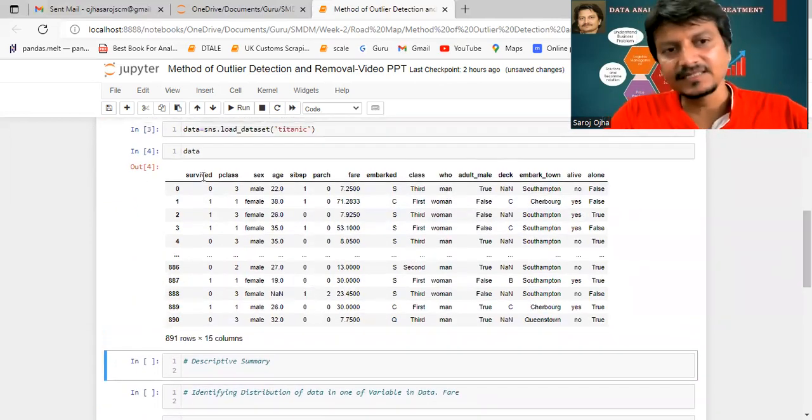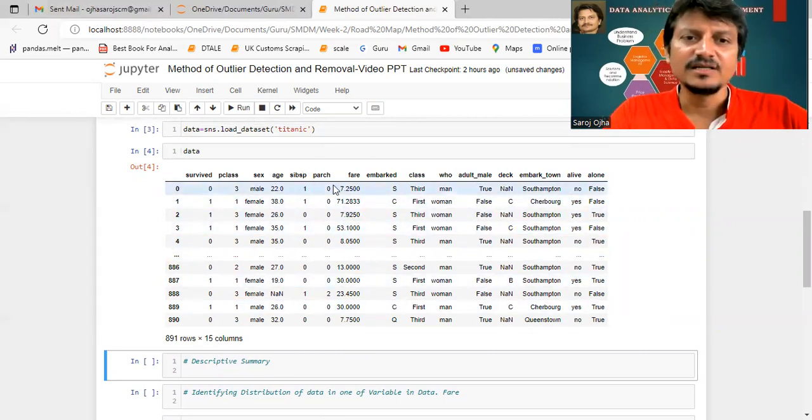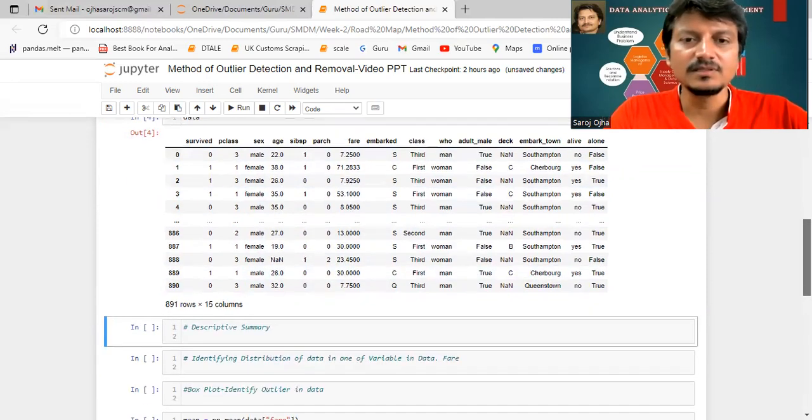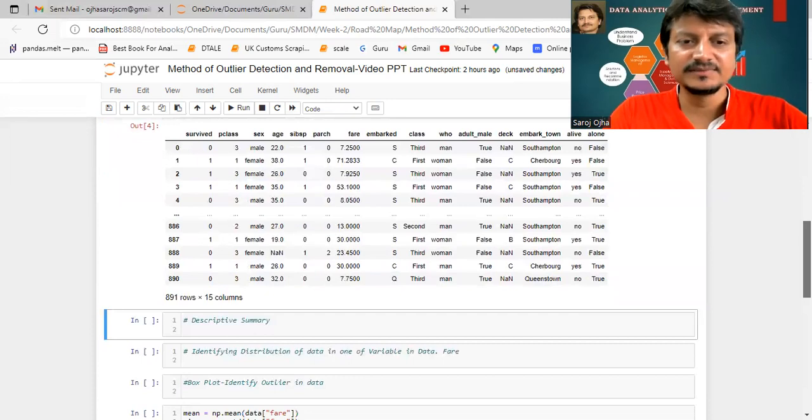So now we have data which has survived, pclass, gender, age and all this information. There are various variables, around 15 variables in 891 rows. We have seen the data.